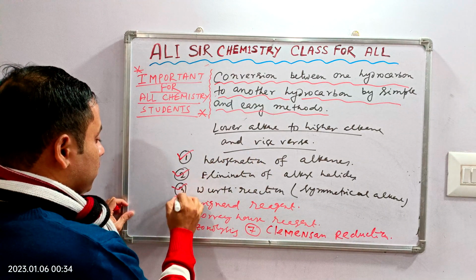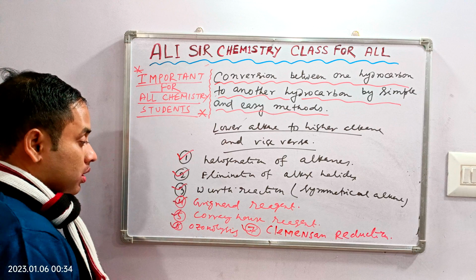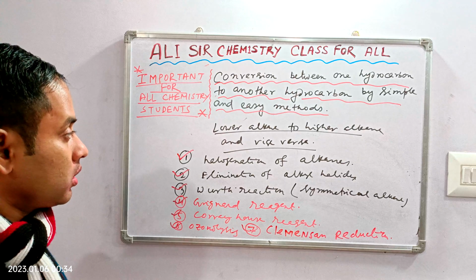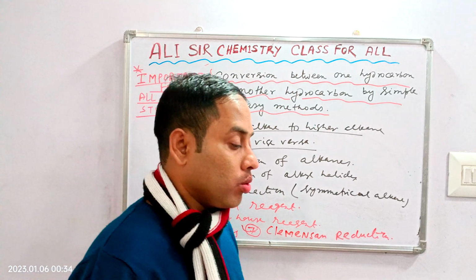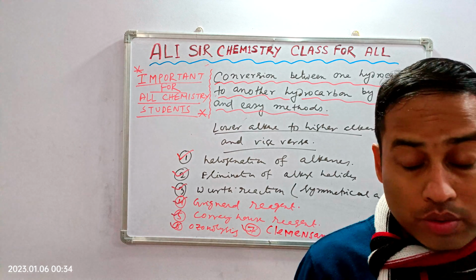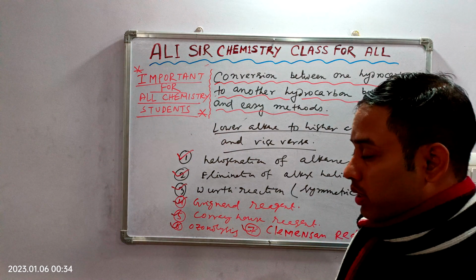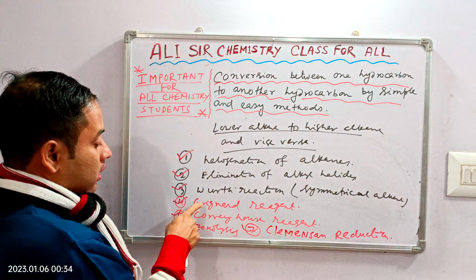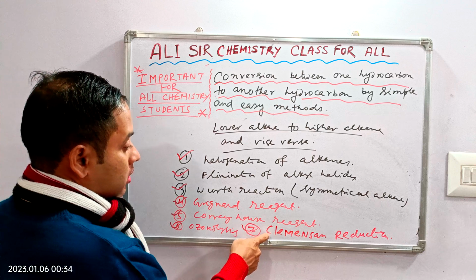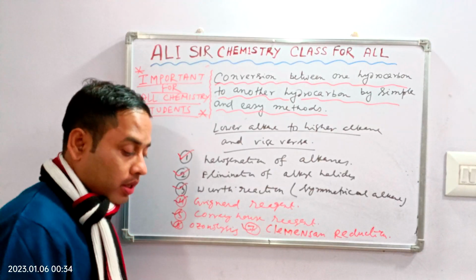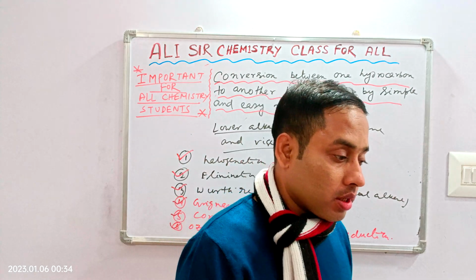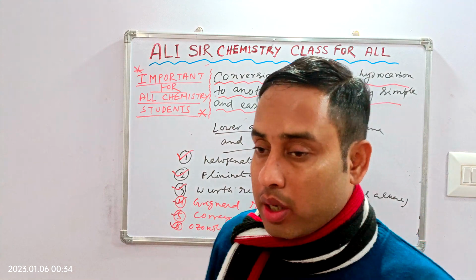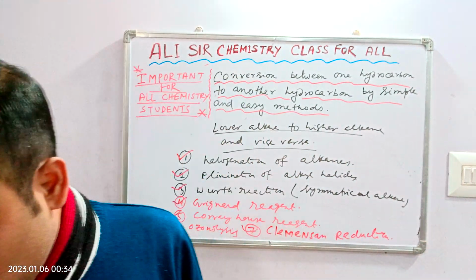So 1, 2, 3, 4, 5, 6, 7. These 7 reactions you must know for this conversion. To do the conversion properly, you must know these 7 types of reactions: halogenation, elimination, Wurtz reaction, Grignard reaction, Corey-House reaction, ozonolysis, Clemmensen reduction. So any student or teacher who is aware of the conversion must remember all these reactions. Okay.